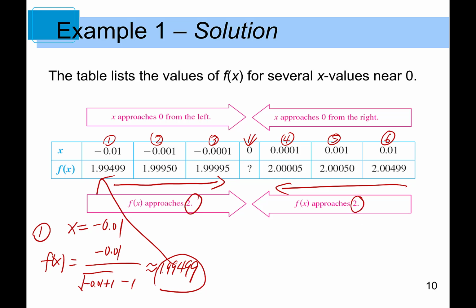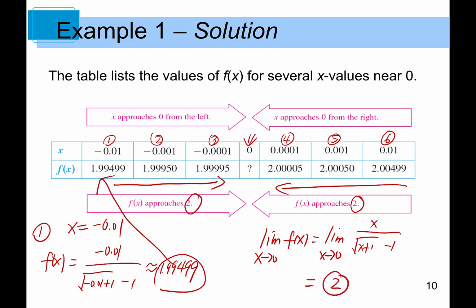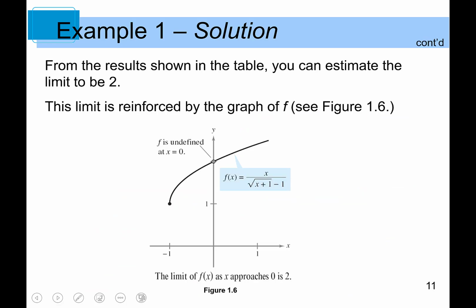So we should be confident that at x equals 0, when x approaches 0 from the left and right-hand side, the limit as x approaches 0 of f of x, in this case our function x over square root of x plus 1 minus 1, will be 2. From the result shown in the table, you can estimate that limit to be 2.